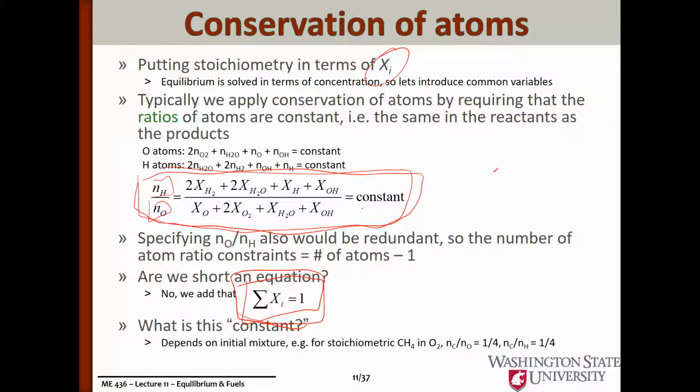So this constant depends exactly on what your starting reactants are. So what is your fuel to air ratio? And how much hydrogen is in the fuel, how much oxygen is in the air. That is where that constant comes from. So it's very specific to your problem. It can't be tabulated the way the equilibrium constants can be.